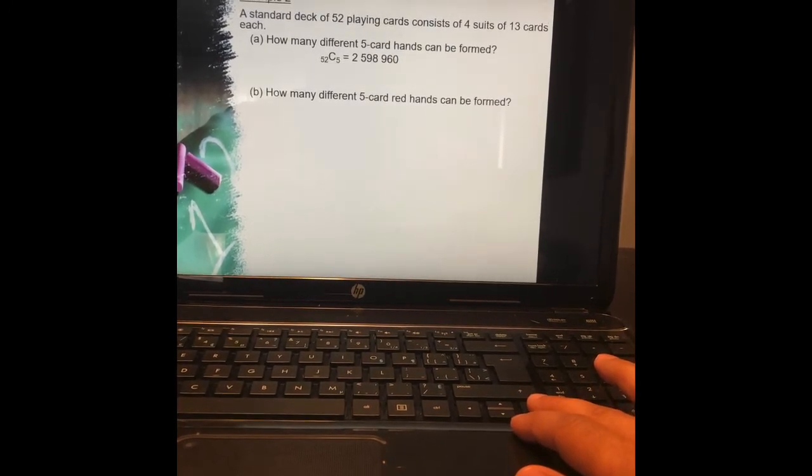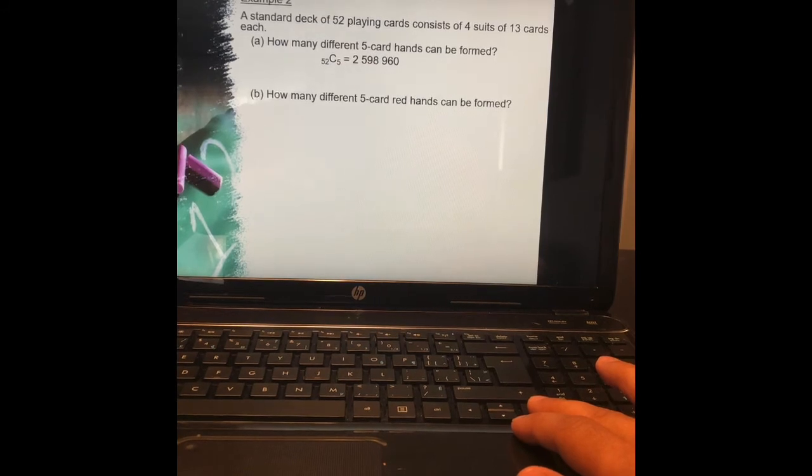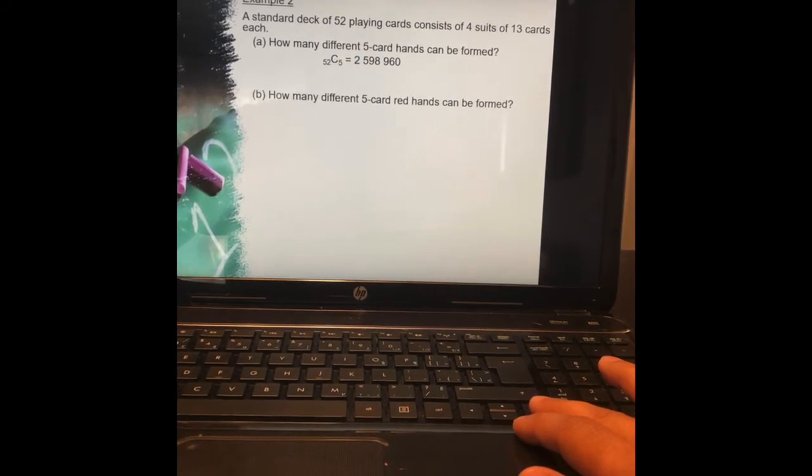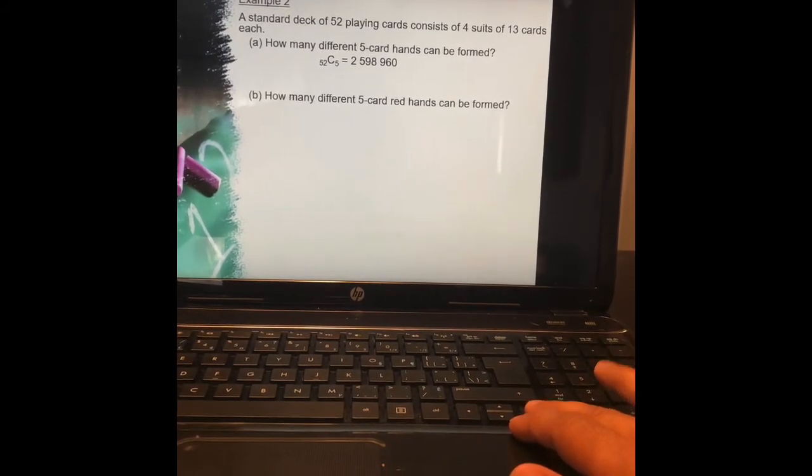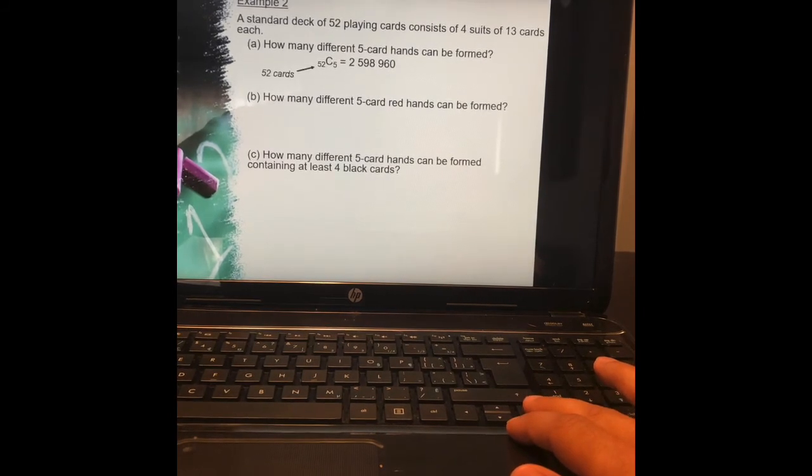How many different 5-card red hands can be formed? If it is a red hand, you only have red cards. Half of them are red. So instead of 52, you've got half of that, or 26. And of the 26, you need 5. So 26 C5.